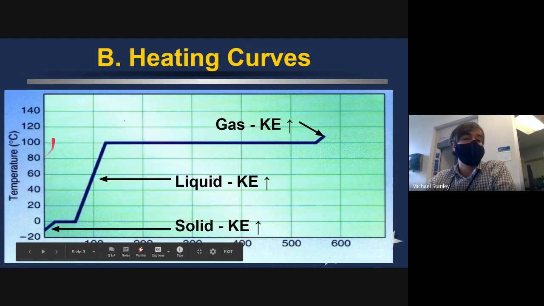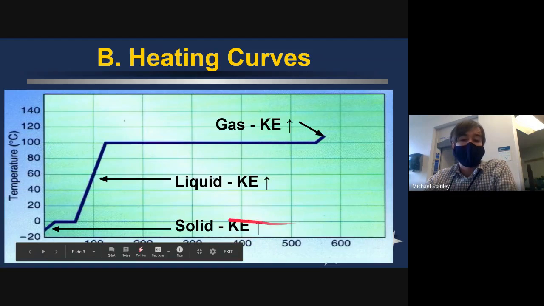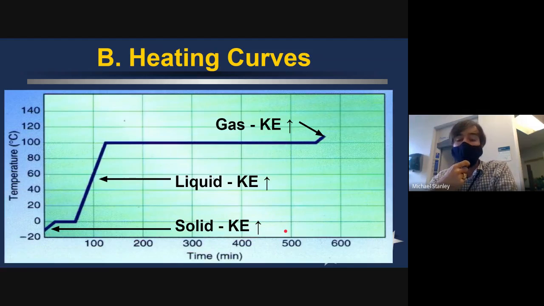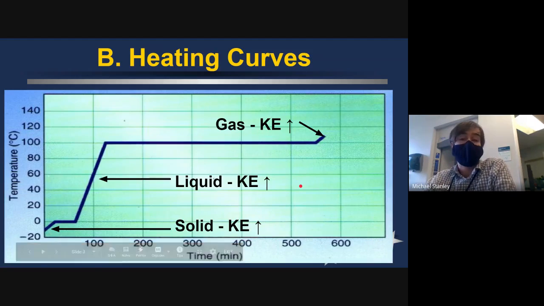Over here on the left-hand side of the diagram, the y-axis, the vertical axis, displays the temperature that our matter is at. And then the x-axis down here is the amount of time that our matter has been heating up for. In this specific case, the example heating curve we're looking at is the heating curve for water.